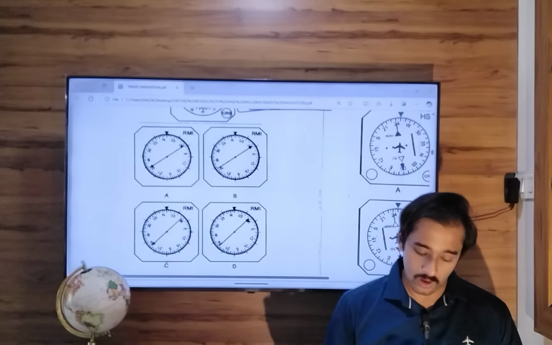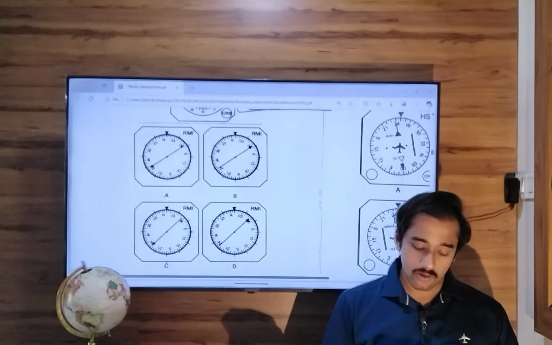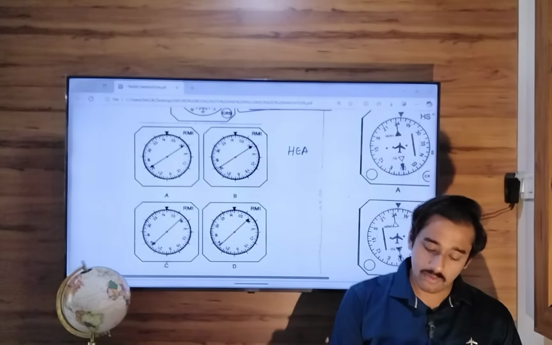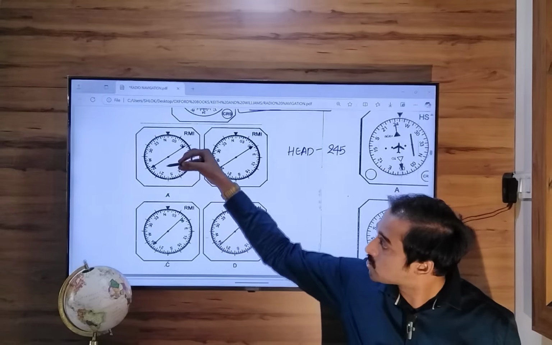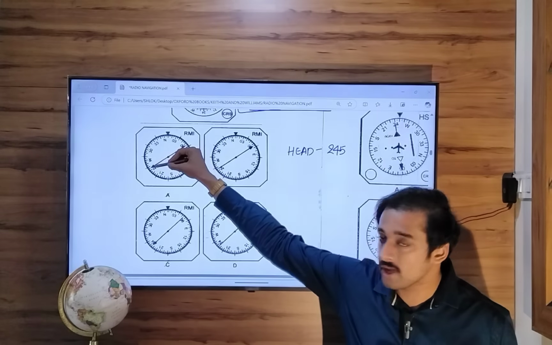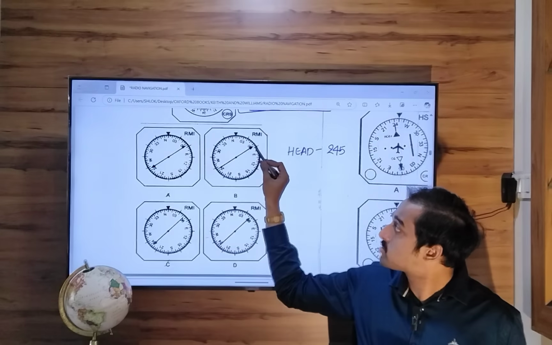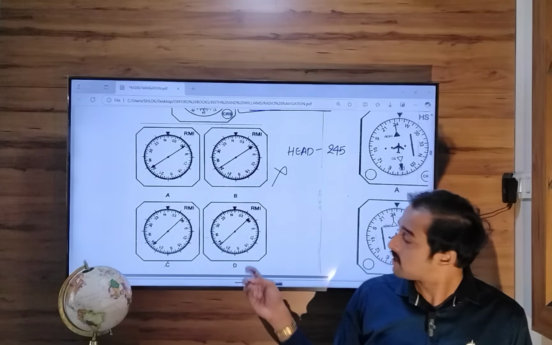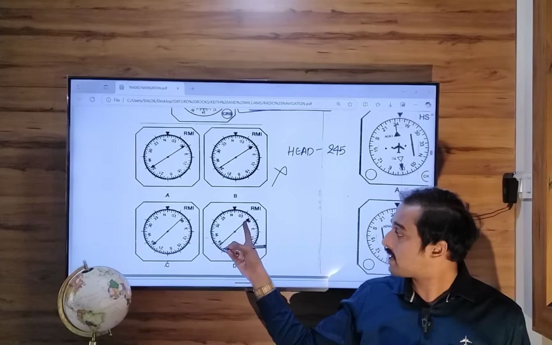So look here, all the headings are matching. Now the head of the needle should be pointing at 245. Over here it is pointing at 245. Over here it is pointing at 045. So Bravo is wrong.